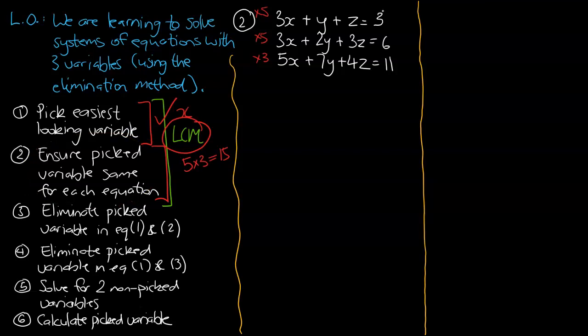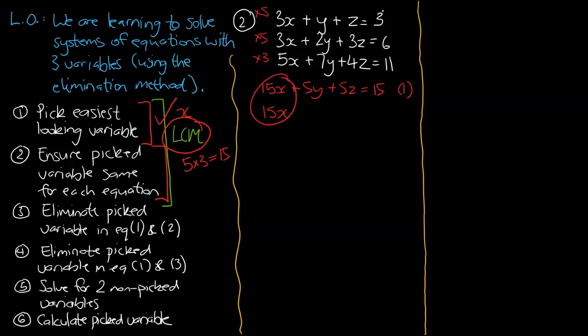So for equation number 1, we're going to have 15x, which is the 5 times 3x, then we're going to have 5y plus 5z, and that will be equal to 15. So that's our equation number 1 now. Second equation, we're going to times all 4 parts by 5. So that's going to be 15x. And remember, that's what we want.